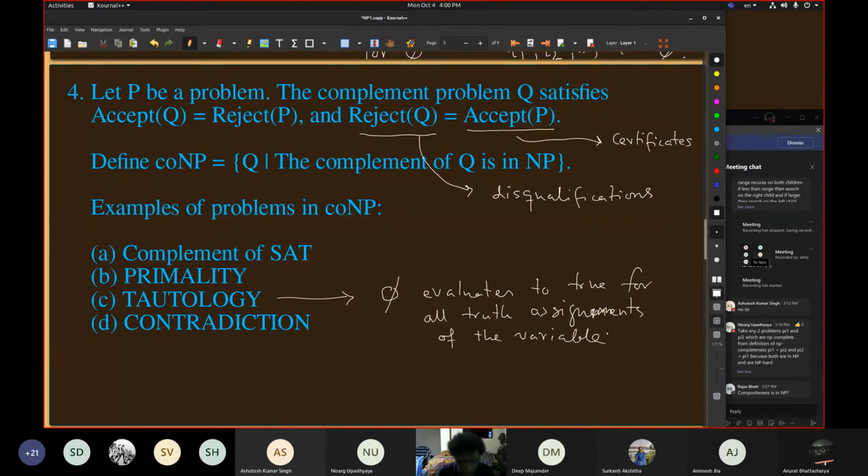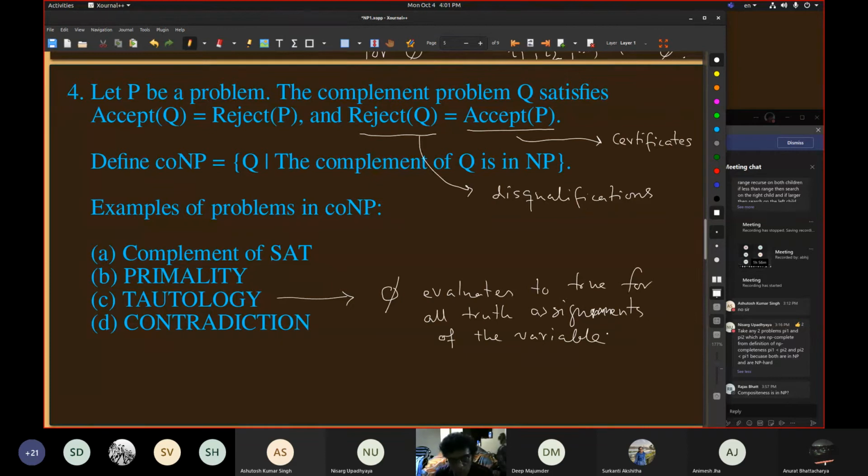It's something like x or x complement. Whatever truth value is assigned to the variables, it evaluates to 1 always, for all possible truth assignments of the input variables. And if a formula is like that, it is called a tautology.